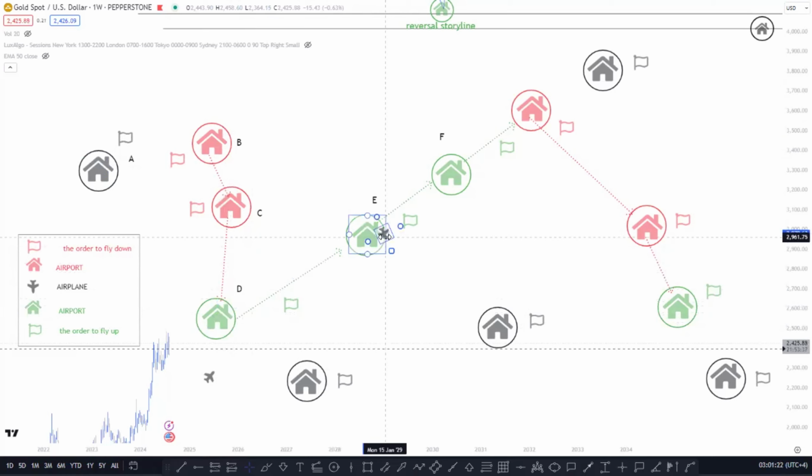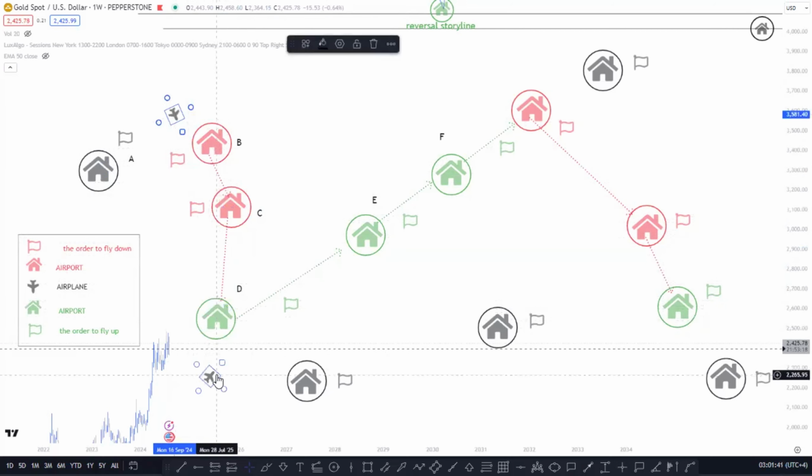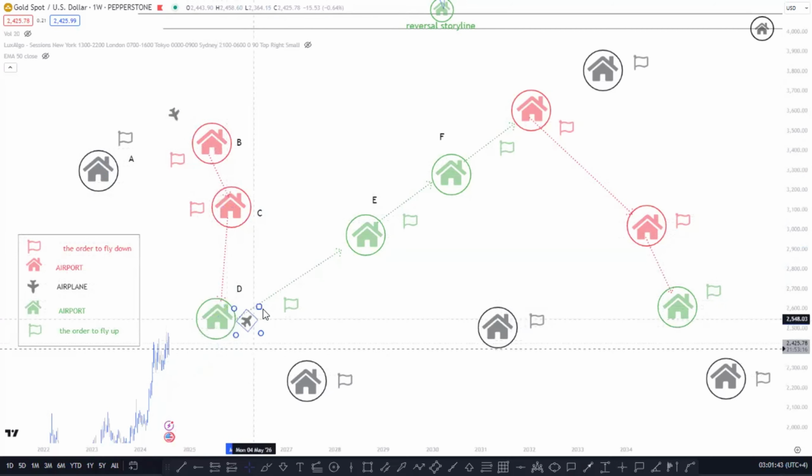Okay, and that's how the journey of this airplane plays out. By raising the red flag, the airplane keeps moving down, and by raising the green flag, the airplane moves up to the next airport.